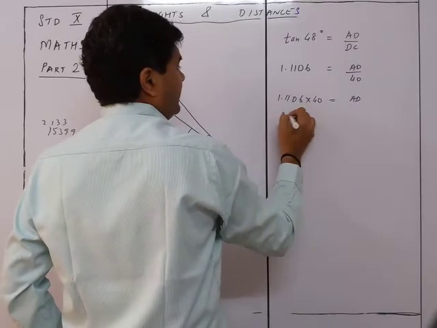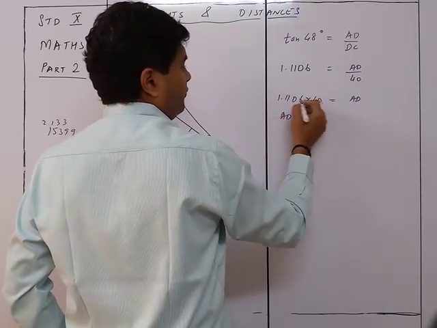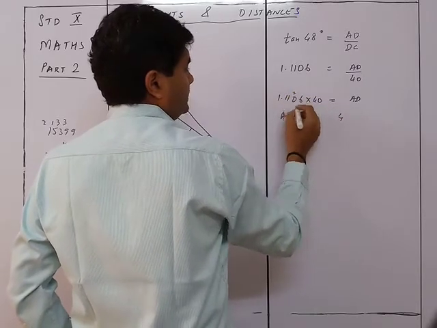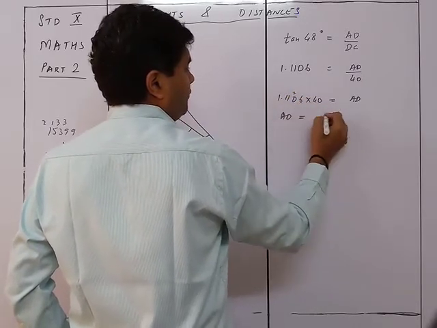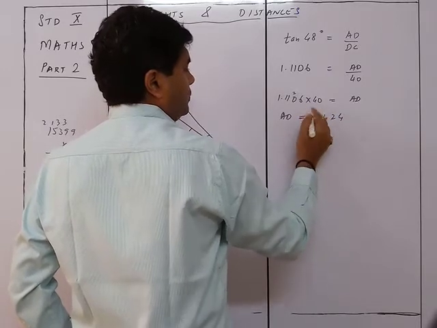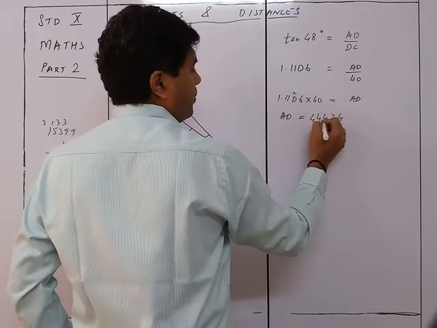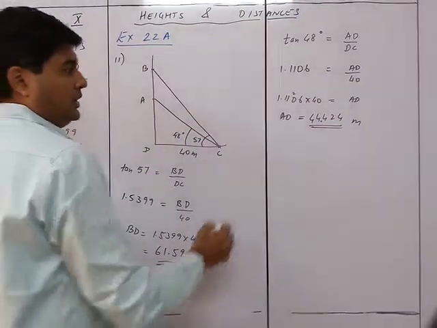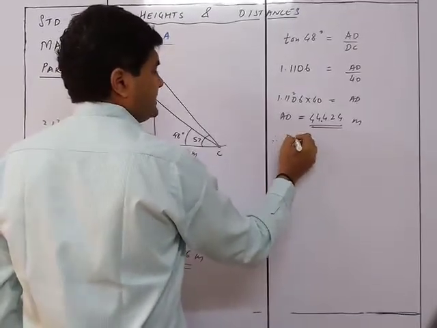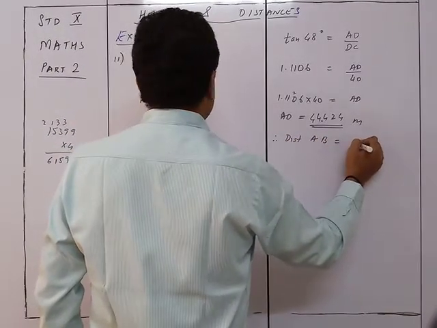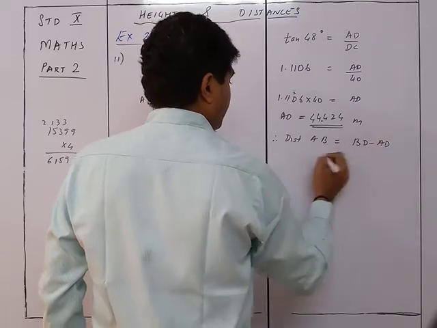Therefore, AD is equal to 44.424 meters.